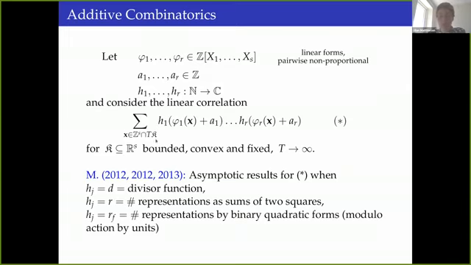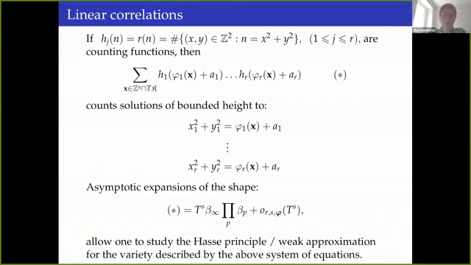When you consider expressions of the shape star with arithmetic functions given by counting functions, then you can reinterpret star as a count of integral points on certain varieties. And I would like to show this in the case of the representation function by sums of two squares. So we now consider the case where each function hj is given by the function that counts representations as sums of two squares. In this case, when we look at star, what is happening?